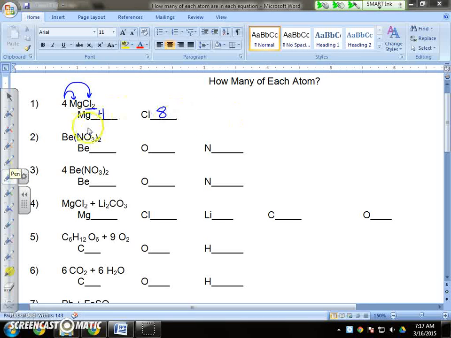Working on to number 2. This 2 distributes to everything that happens to be inside the parentheses, but it does not distribute to the Be. So we've only got one Be, but I happen to have 2 times 1 N's, and I happen to have 2 times 3 O's. 2 times 3 gives me 6.